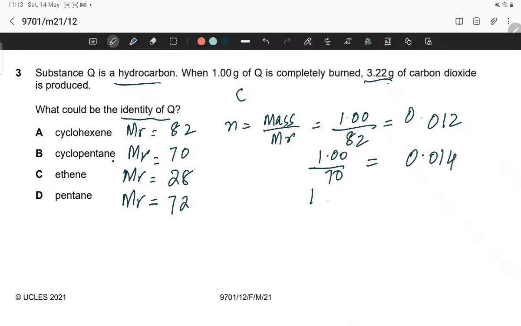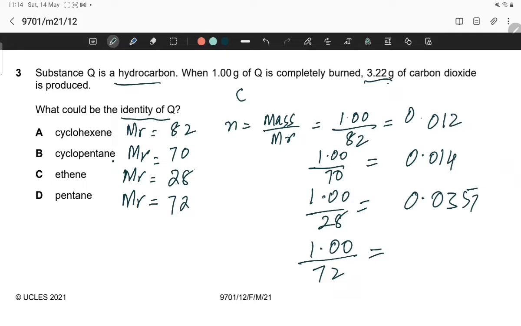Next, ethene: 1 divided by 28, the number of moles would be 0.0357, and for pentane, 1 divided by 72, the number of moles would be 0.0138.